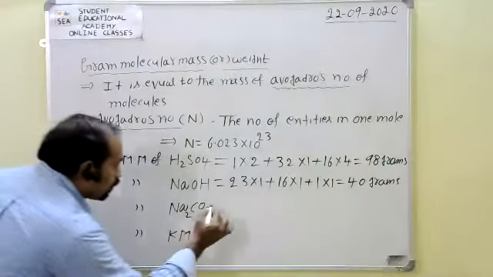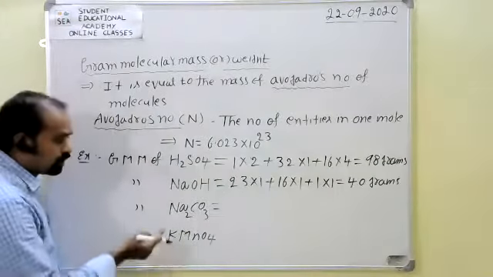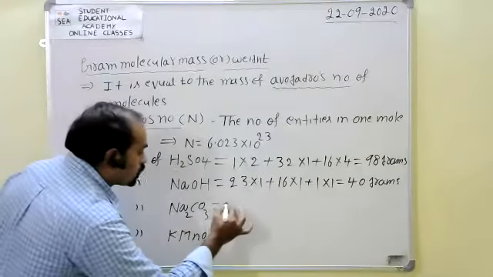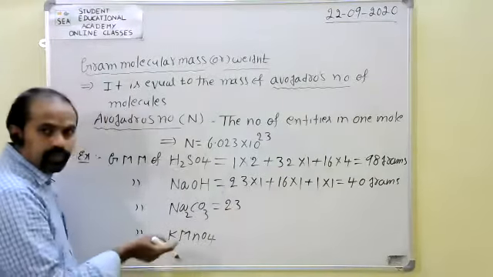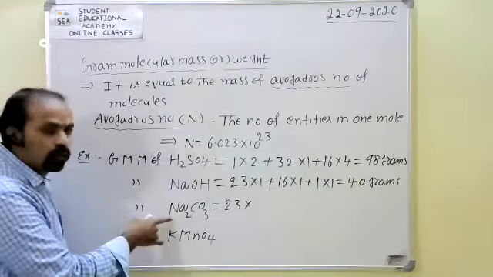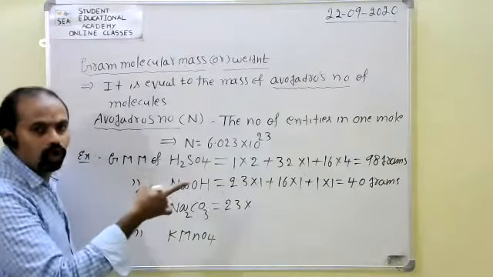Sodium carbonate, gram molecular mass: first element sodium, its atomic mass 23 into its atomicity. Sodium atomicity is 2 only.